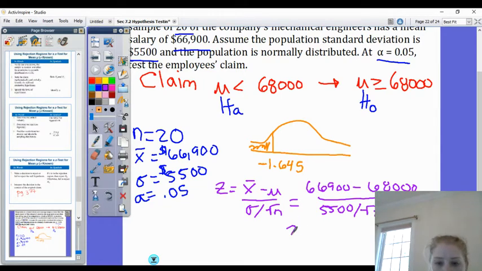All right, that's gonna give me a z-score of negative 0.89. So I'm looking here, that's gonna be here. Okay, so is that in the rejection region? No, so we are going to fail to reject.